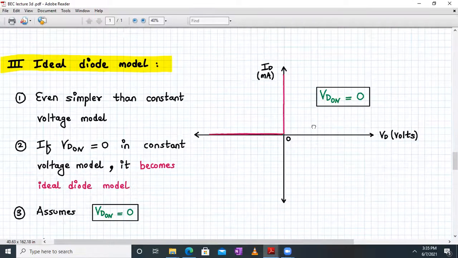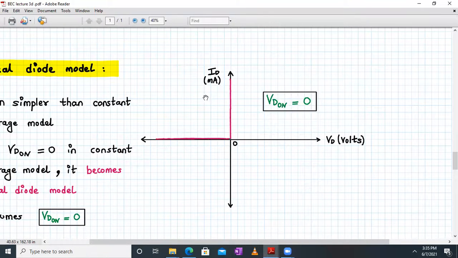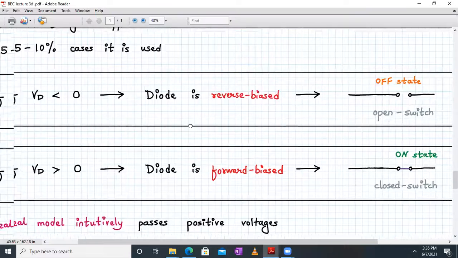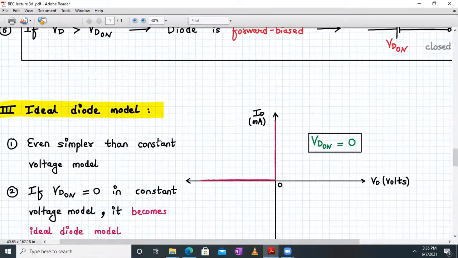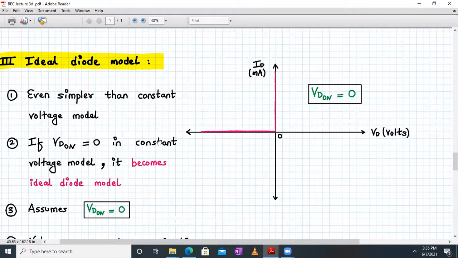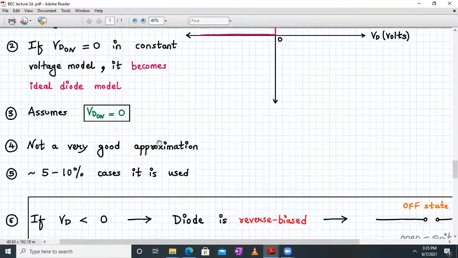I repeat, if the applied voltage VD is greater than 0, the diode is forward bias, represented by a closed switch. And if the diode voltage is less than 0, it is represented by an open switch. So this was about the ideal diode model. We will use that for some examples when we start studying the clipper circuits.